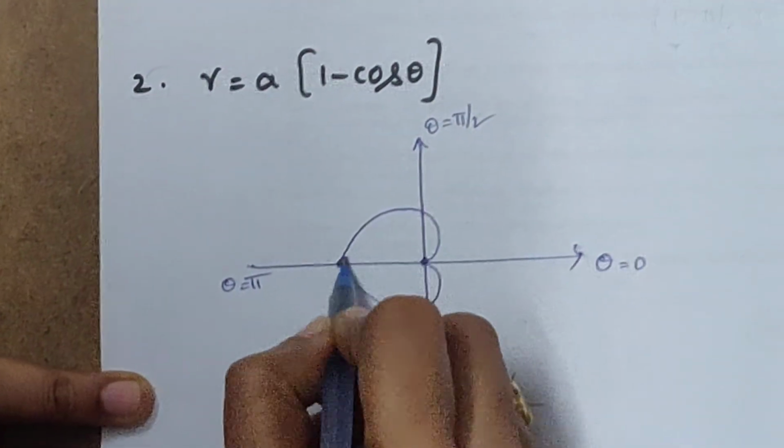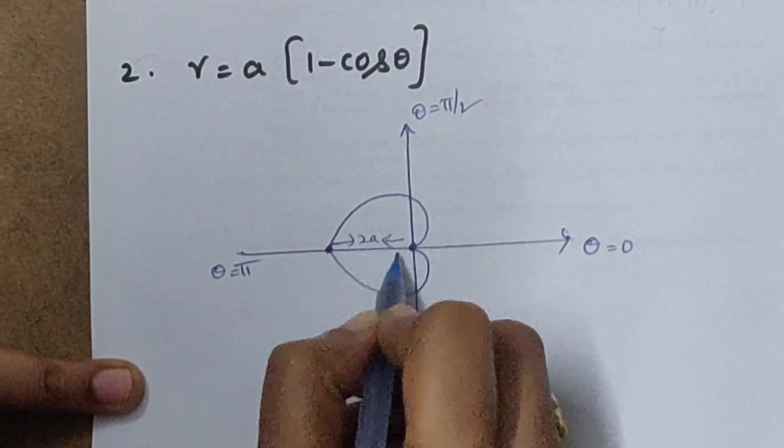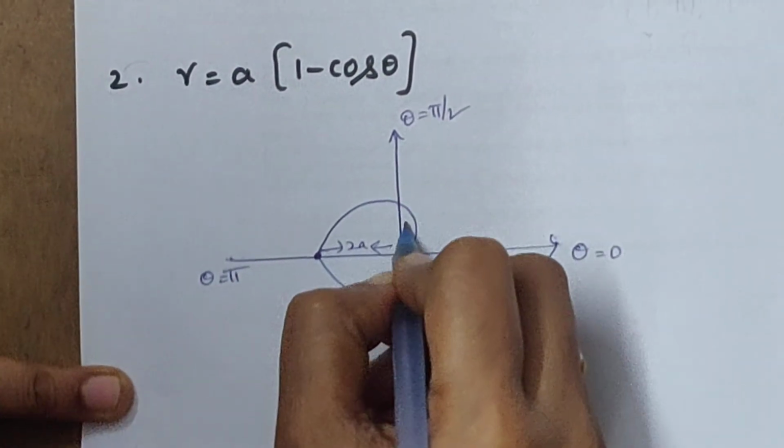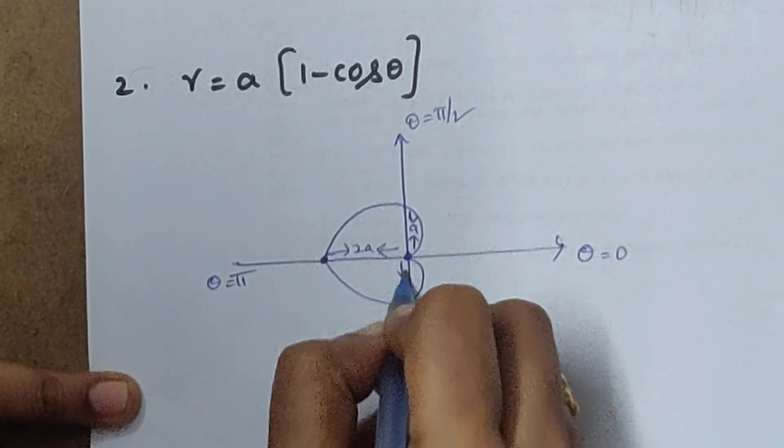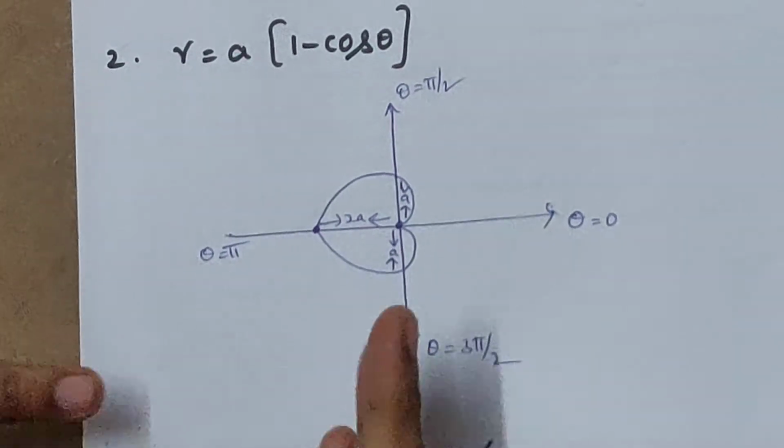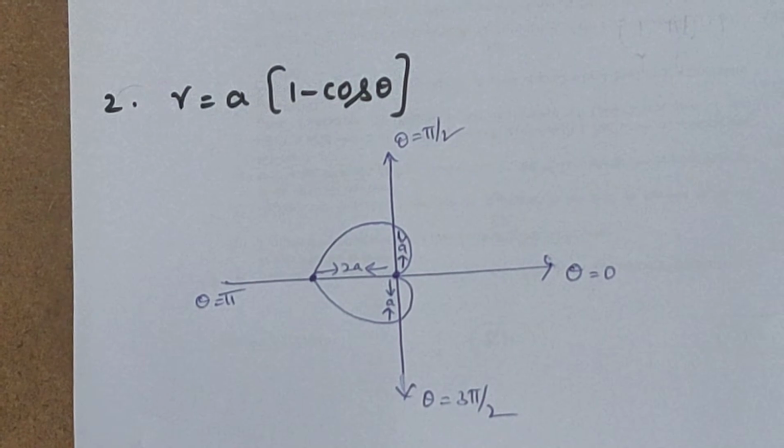Same values you will get. This is 2a magnitude in the direction of theta equal to pi, and this is a units. Here also a units. This is r equal to a into (1 minus cos theta).